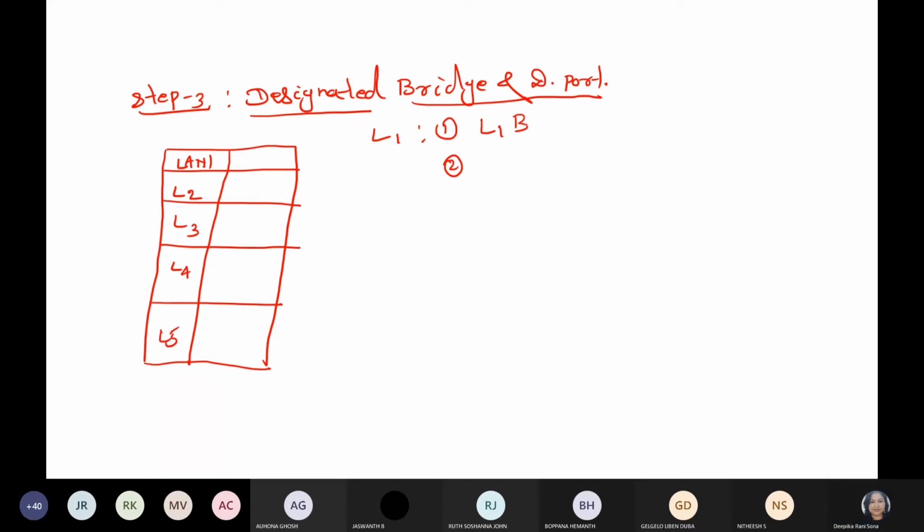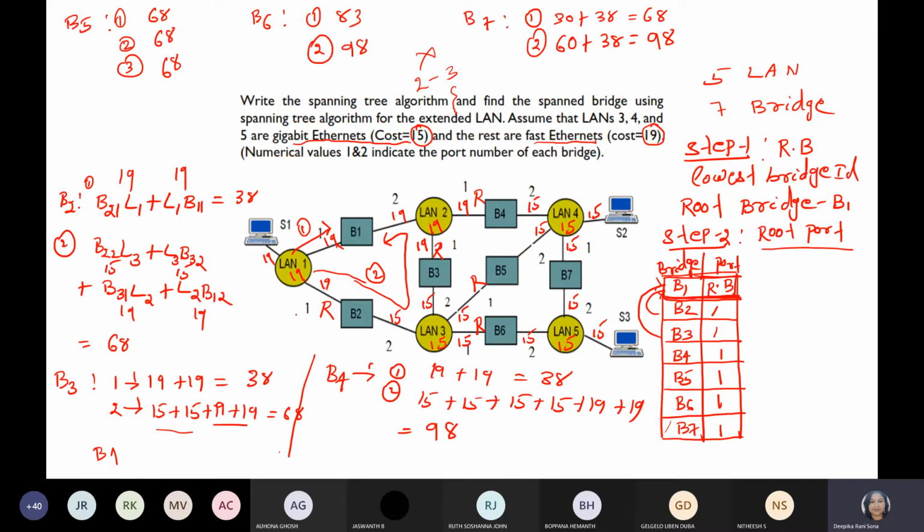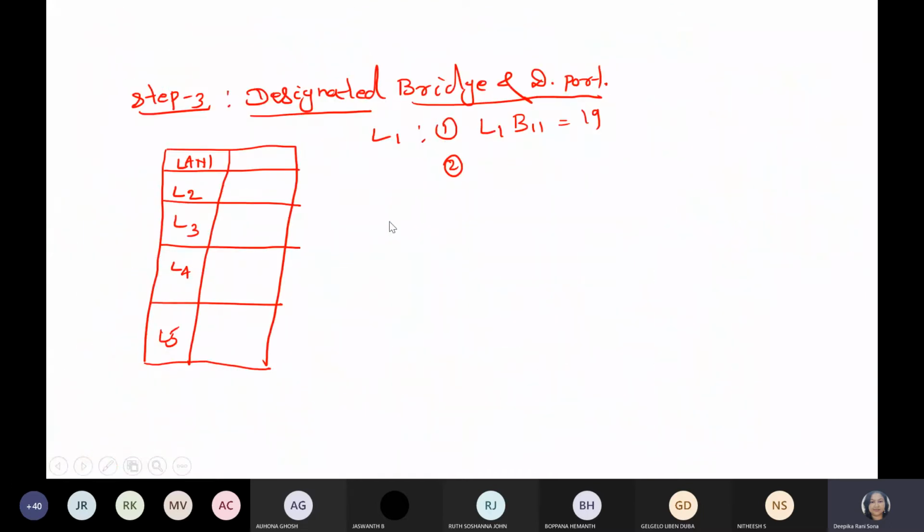LAN 1 B11, cost 19. For the second path it is LAN 1 B21, then B22 LAN 3, then LAN 3 B32, then B31 LAN 2, then LAN 2 B12. Like that you have to write. Calculate it and tell me quickly.